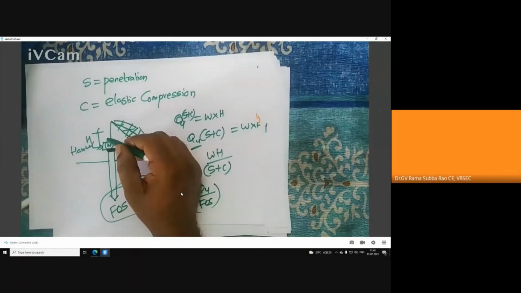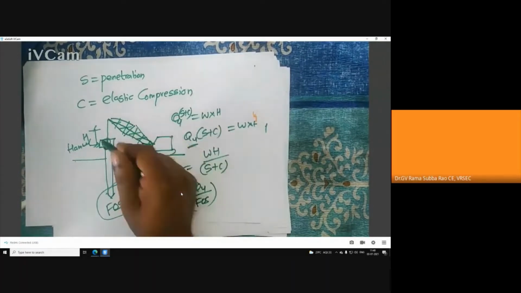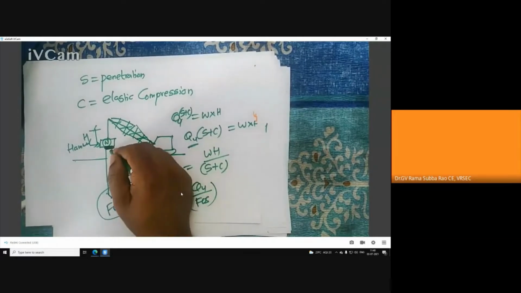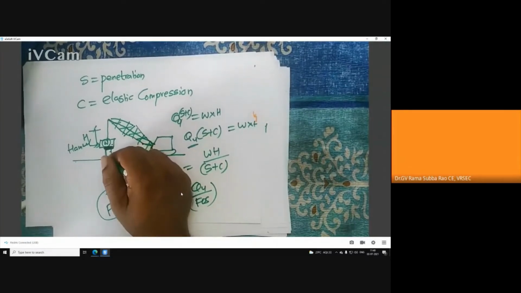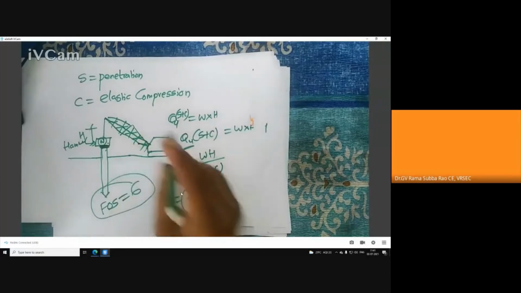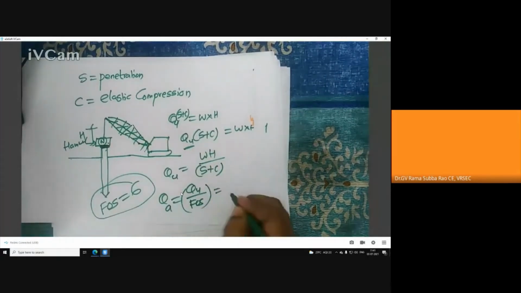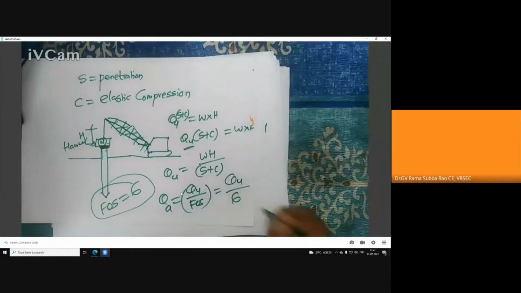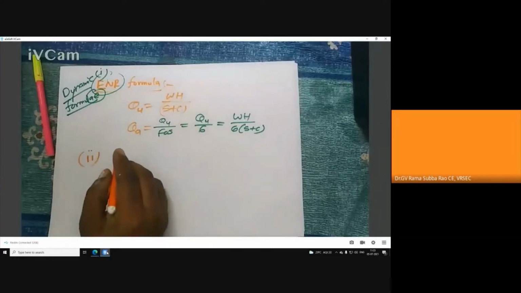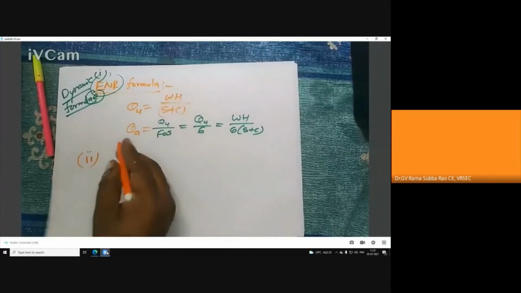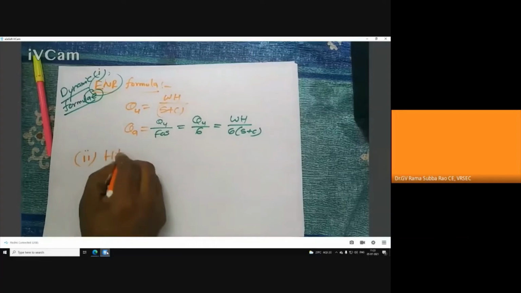One knows that. We are hitting the pile, and whatever the energy, there may be some losses. The load may be transferred to the neighboring soil, so there is a lot of energy loss. That's why many times we consider a factor of safety of 6. The second one is also very interesting. That is Hiley's formula.